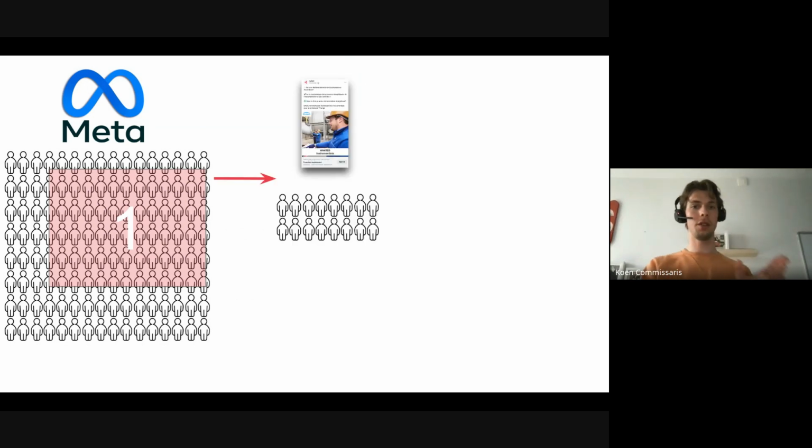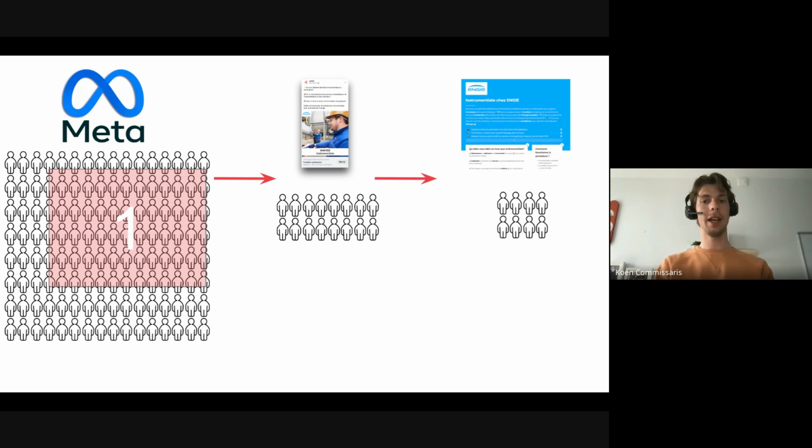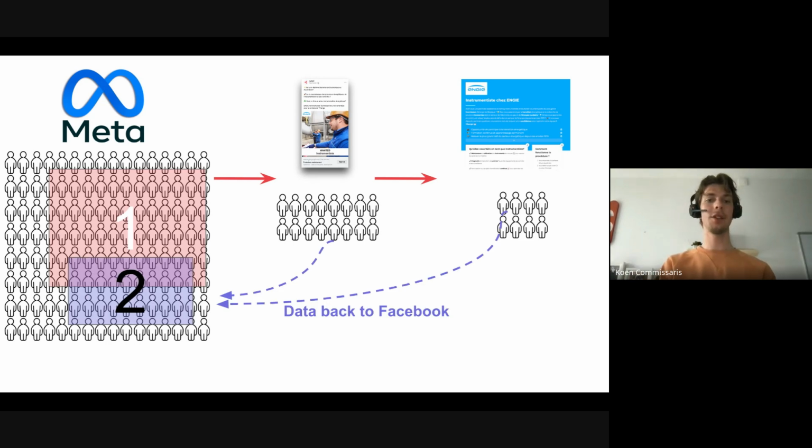Then some people will click on the ad, and also some people will apply on the vacancy page itself. With that data, we can send it back to, for instance, Facebook, but also other channels for which it applies.